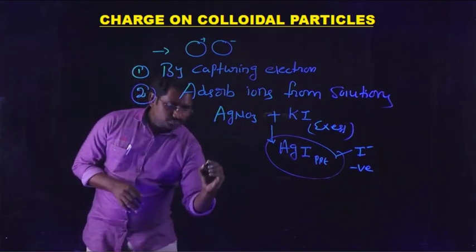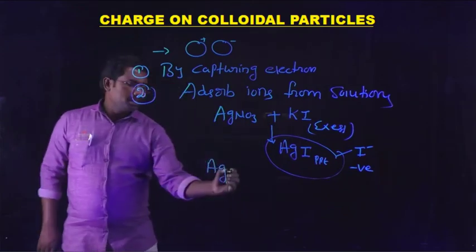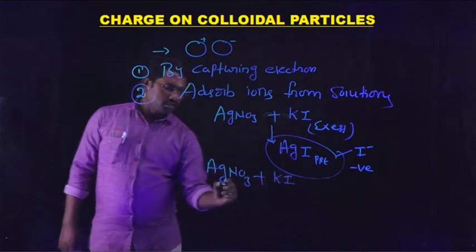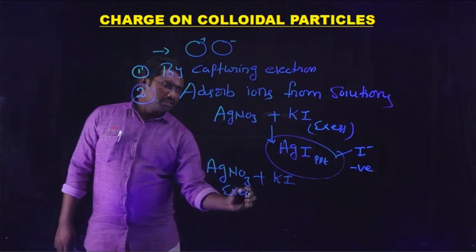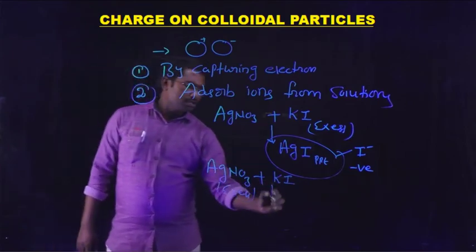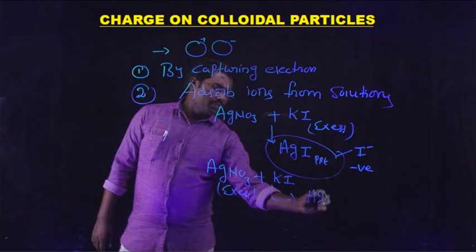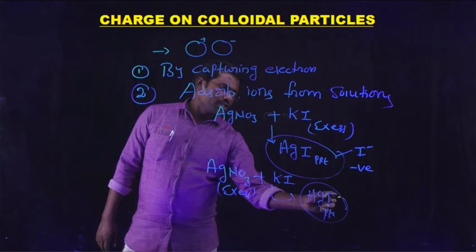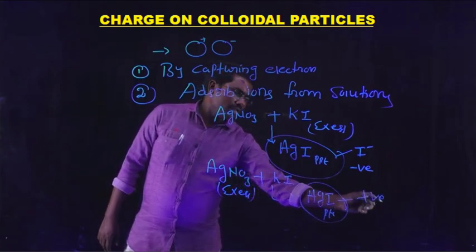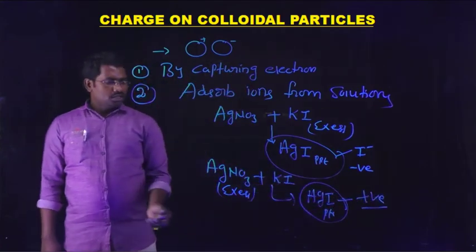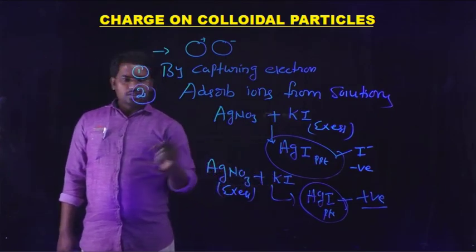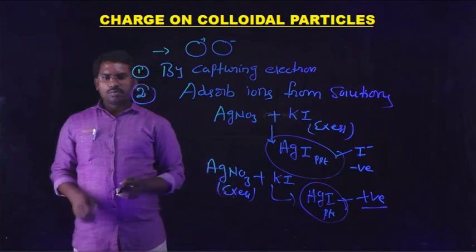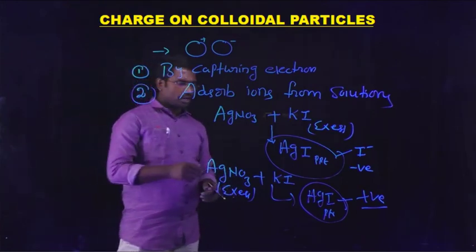In another way, silver nitrate reacts with potassium iodide. Here we take silver nitrate in excess. Here also silver iodide gets precipitated. Here the aqueous solution of silver iodide has positively charged particles. Why? Because here we took silver nitrate in excess, which means more positive ions are present in that colloidal solution.